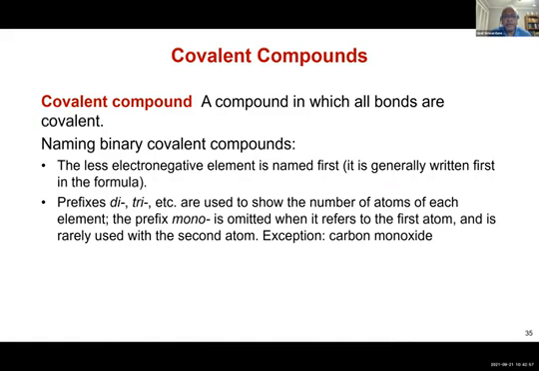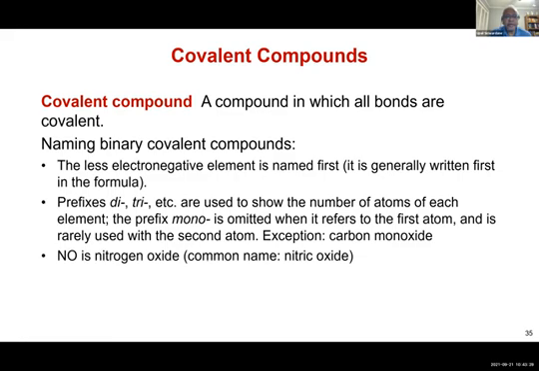Second, we use prefixes if there are two sulfurs: disulfur, trisulfur, etc. The second element is considered more electronegative than the first element. Its name is changed to ide, just like in non-metal naming.